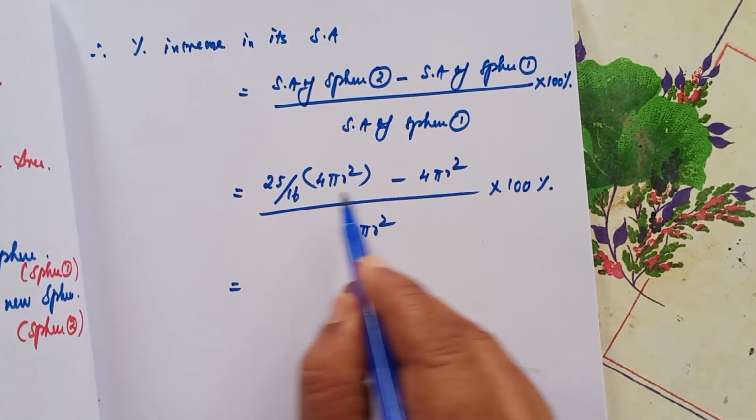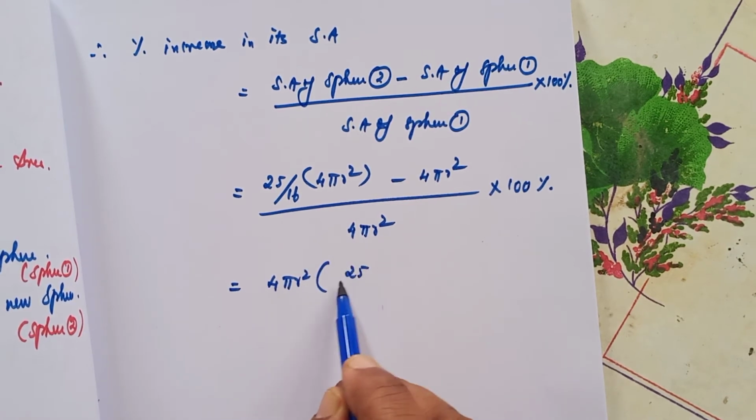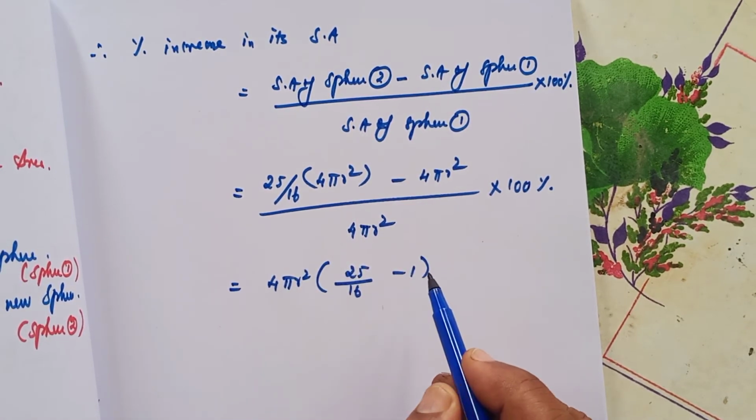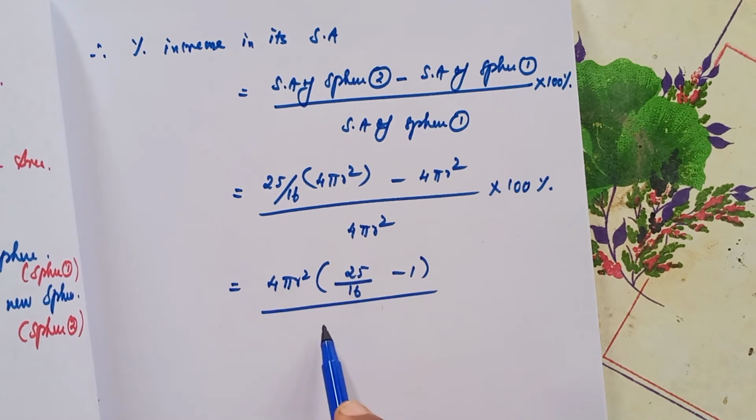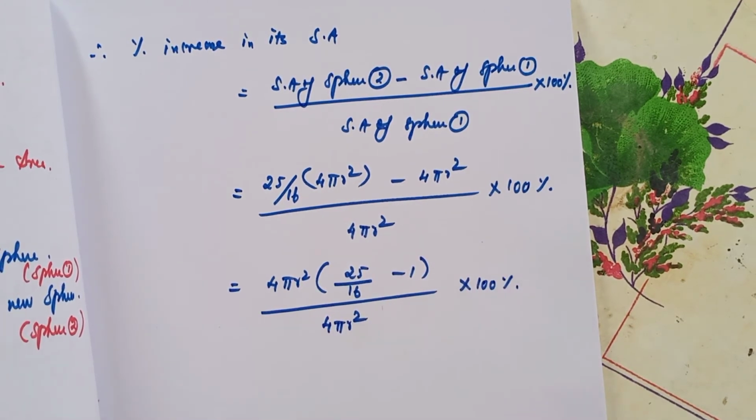Here we can take 4 pi r squared as common. If we take 4 pi r squared as common, you will be getting 25 by 16 minus 1 whole divided by 4 pi r squared into 100 percentage. 4 pi r squared gets cancelled.